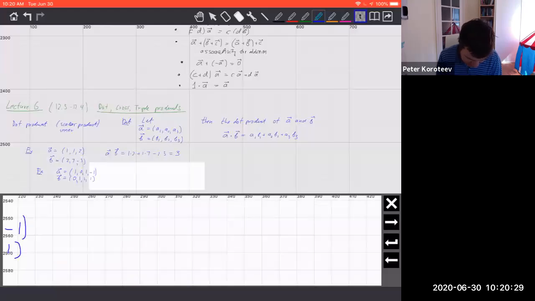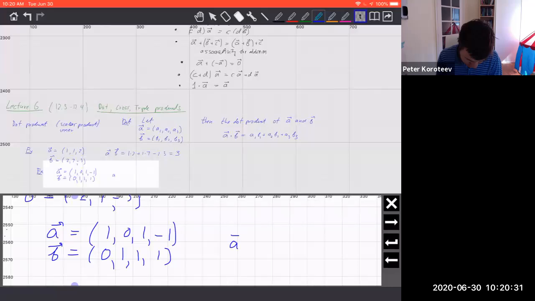What's A dot B? Well, I didn't define it, but basically, if you have four coordinates, you just multiply first by first, second by second, and then add them together.